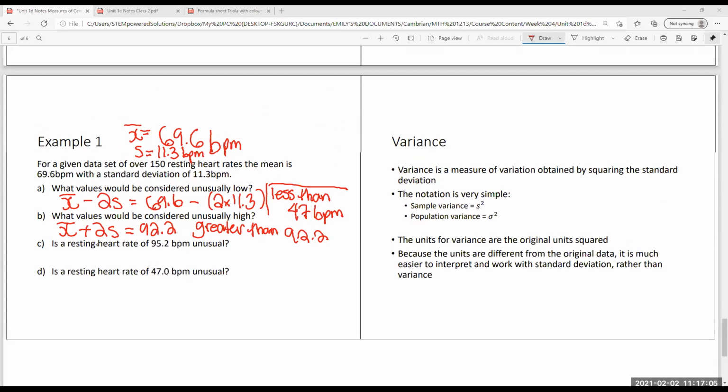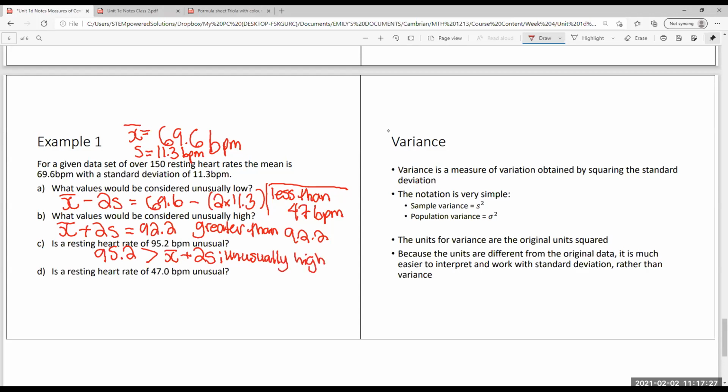Okay, so 95.2 is unusual. That's correct. It's unusually high because 95.2 is greater than x bar plus 2s. So therefore it's unusually high.